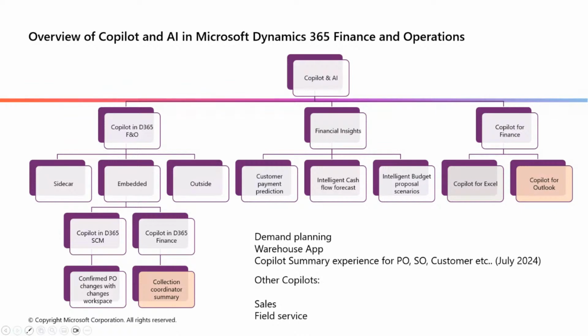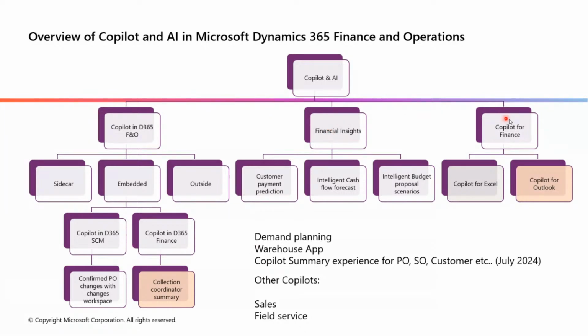So if I quickly talk about the Copilot and AI capabilities which we have, we can categorize this into three different parts. One is the Copilot in D365 Finance and Operations, Financial Insights in Finance and Operations.